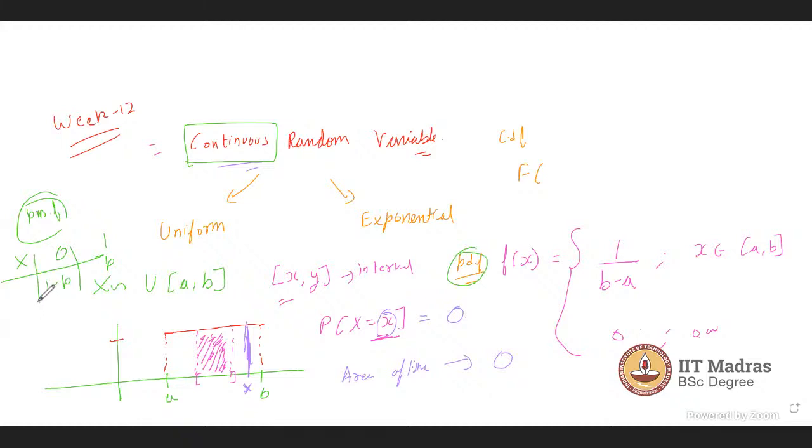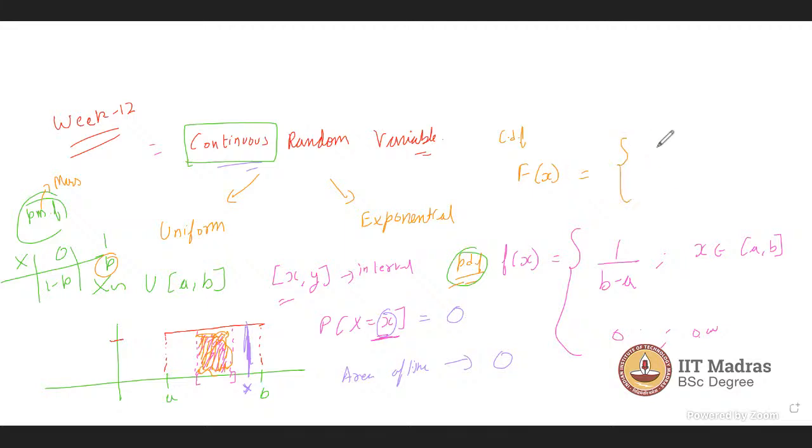I know the exact value of probability. But in a continuous random variable, we find areas, we try to find the density under this curve. That's why it is referred to as probability density function and not probability mass function. Probability mass function gives you the exact value at that point, while a density function tells you how dense it is, how much area it covers under the curve. Okay.